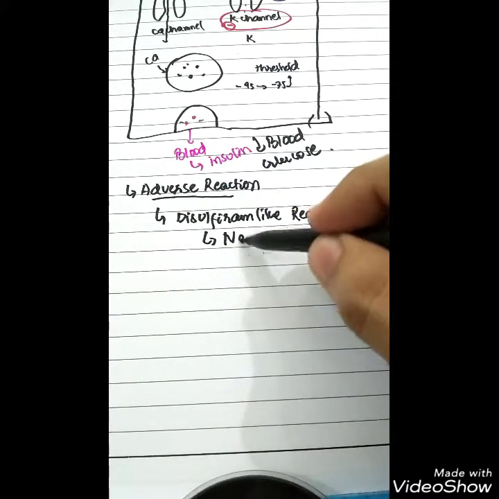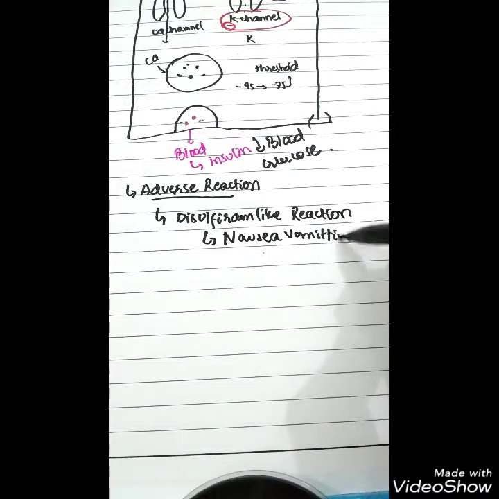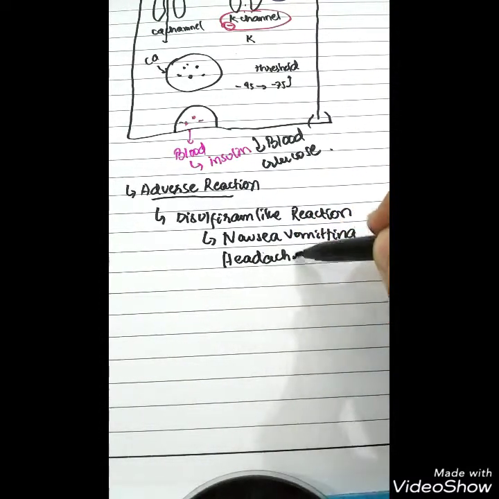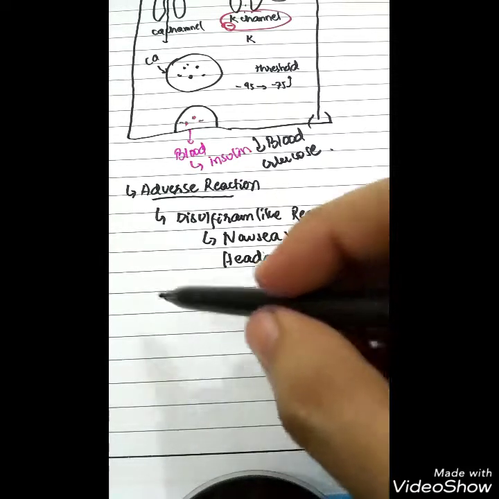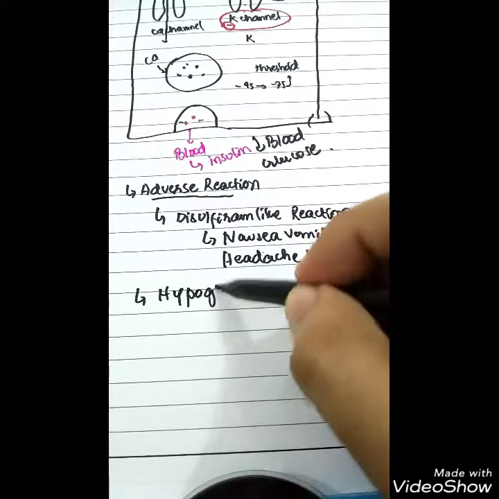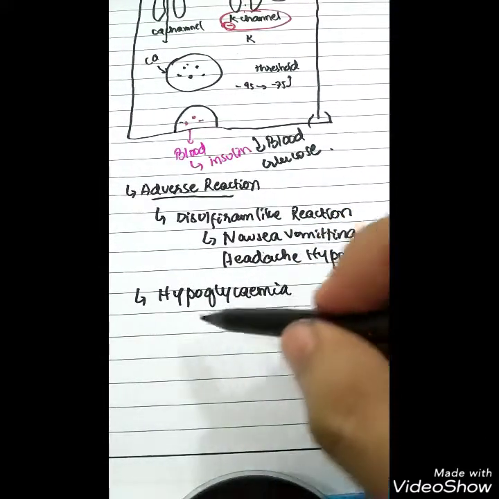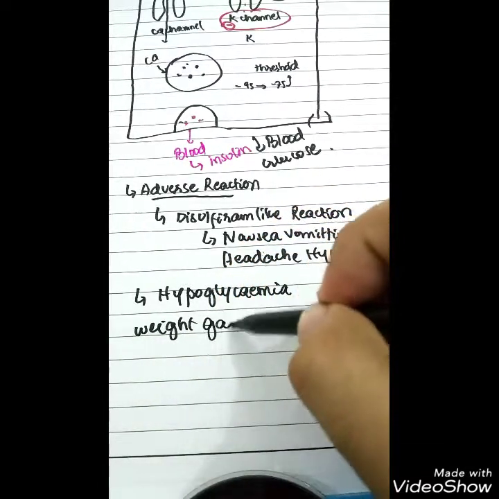In this reaction the patient presents with nausea, vomiting, headache, hypotension, etc. And the first generation will cause severe hypoglycemia, and sulfonylurea also causes weight gain.